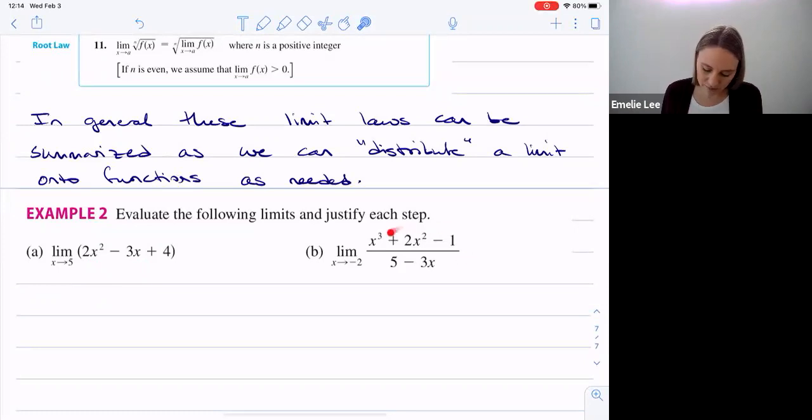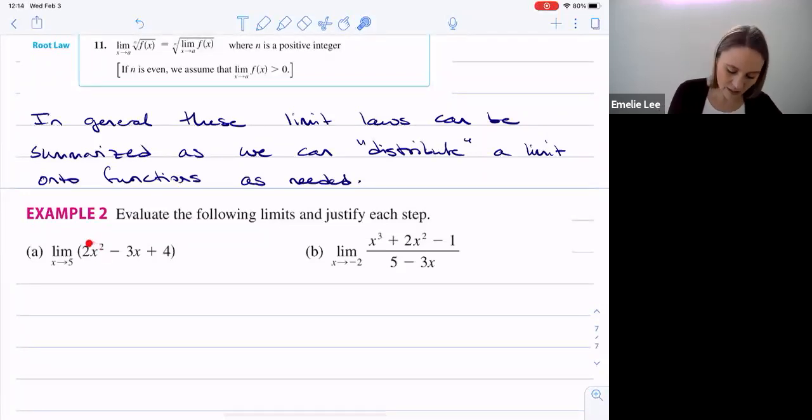Same thing here: as x is approaching -2, we can plug in values close to -2, but not at -2, and see what this thing behaves like. But now we have the limit laws, so we can just use the limit laws, right?